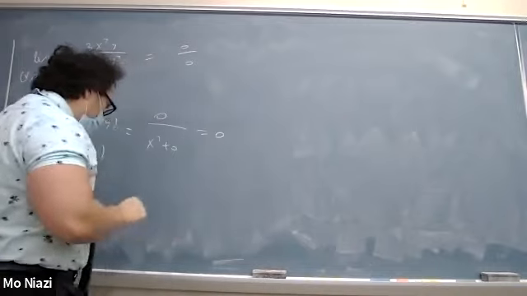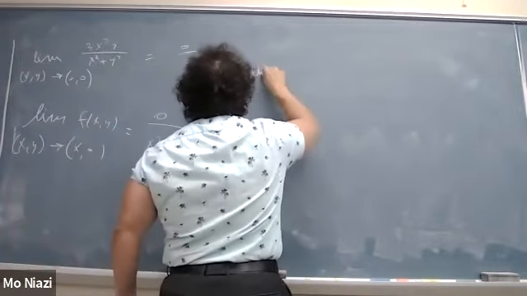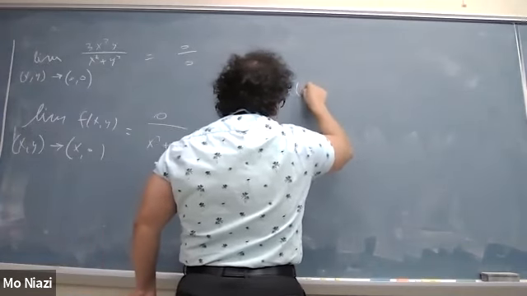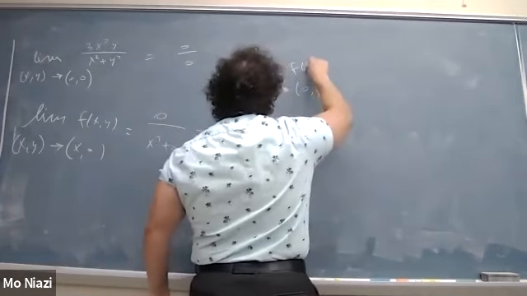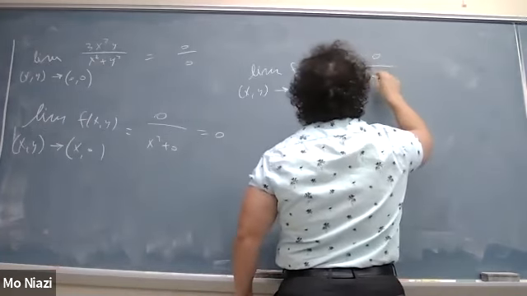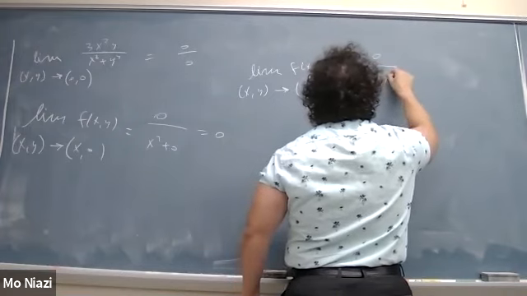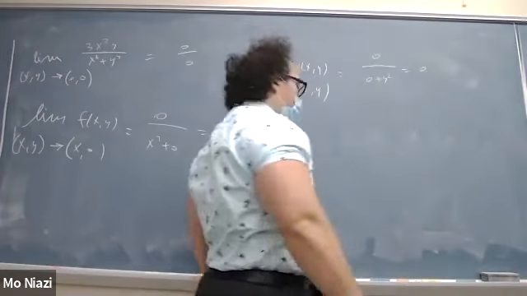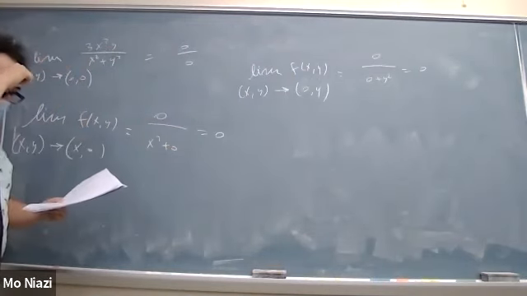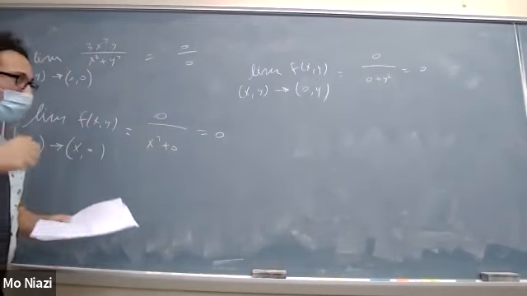We get 0. And let's say we approach it along the y-axis. The top is 0, the bottom is here. So again, although you get two different paths to agree, we realize that's not enough.